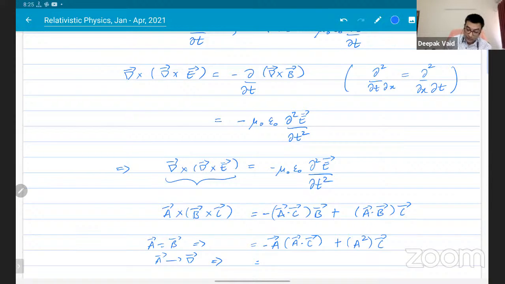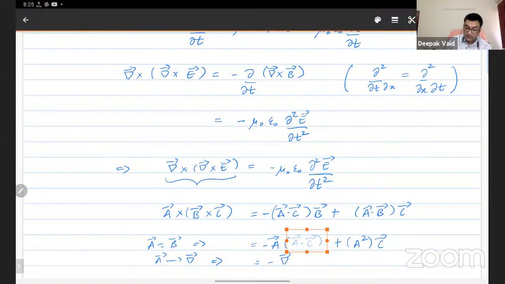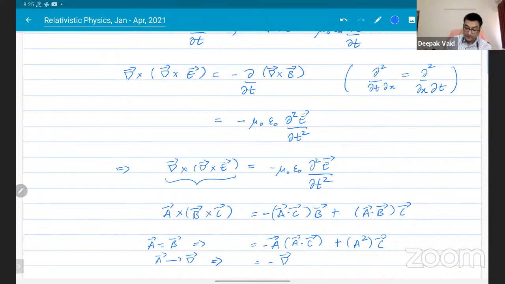Okay. So if you do this, what happens? Now we replace this A with the gradient operator, right? So what happens to A dot C? If you replace A dot A with gradient, this becomes divergence of C. And if you replace A square, this becomes del square.